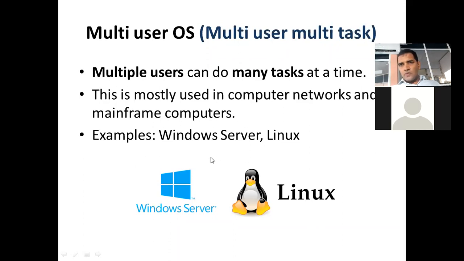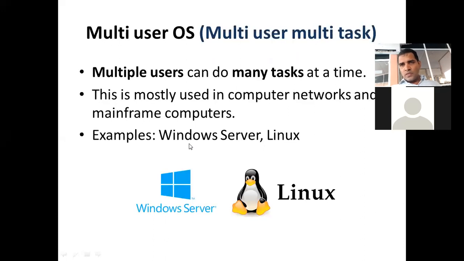So we have some examples for multi-user OS. Windows Server is one of the operating systems from Microsoft. Microsoft releases Windows 7, Windows 8, Windows 10 for personal computers. On the other hand, Microsoft releases Windows Server as an OS for networking, right? So this is something which we call a networking OS.